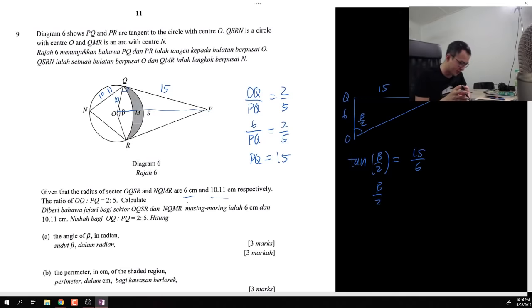This is 6, this is 6. Does it look like 10? OQ is 6. Yes.